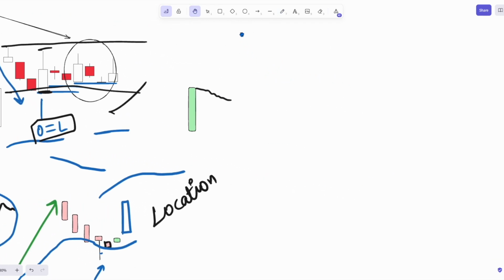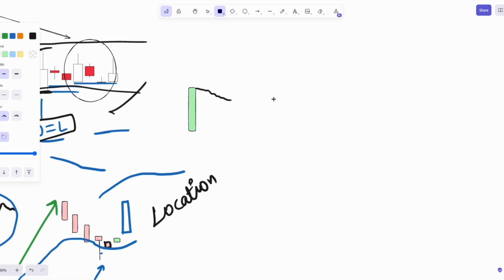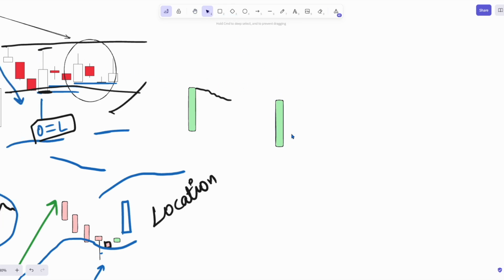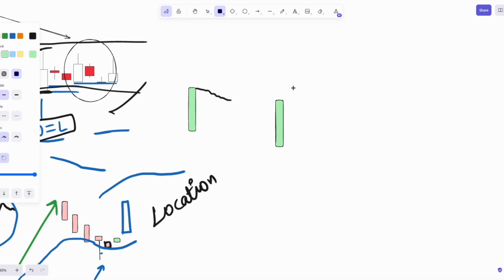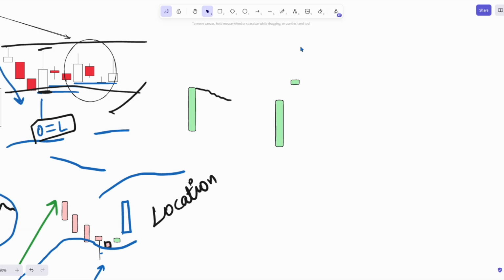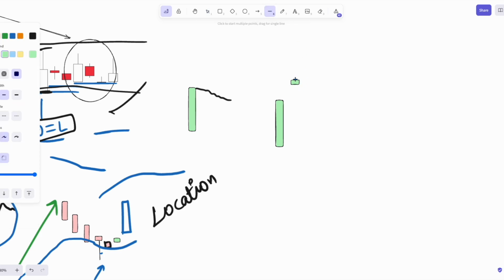So let's say you have a green candle, which is basically this candle, okay? And then let's say you have a candle. So I'll basically replicate that exact drawing here. And then you have this. Now let's say you have a red candle like this, which brings the prices down.